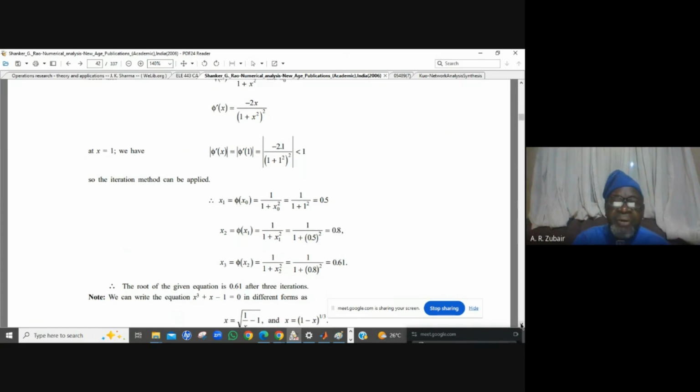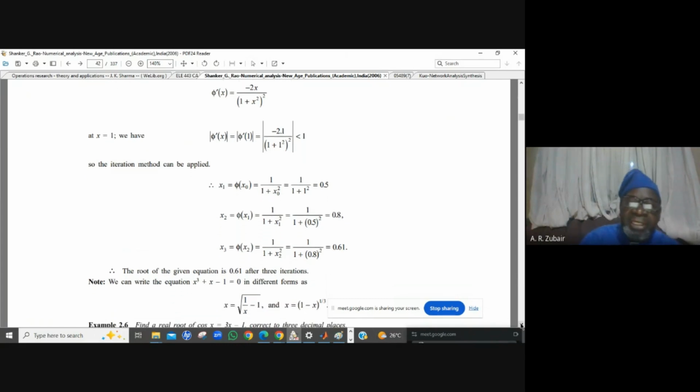At least before tomorrow, let each of you try to get like 20 values. You will see that your value will be converging to a particular point. I'm going to write a MATLAB program that will resolve this, but you are going to be calculating as students. So this is the iteration method.